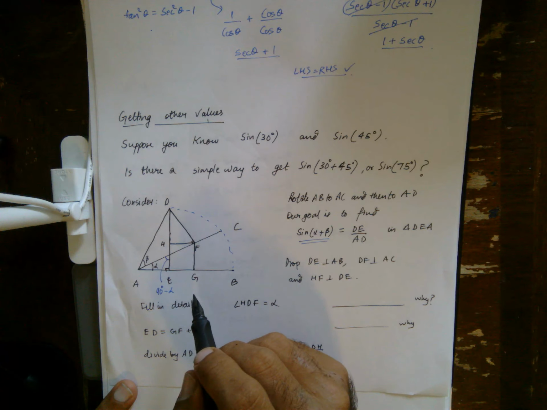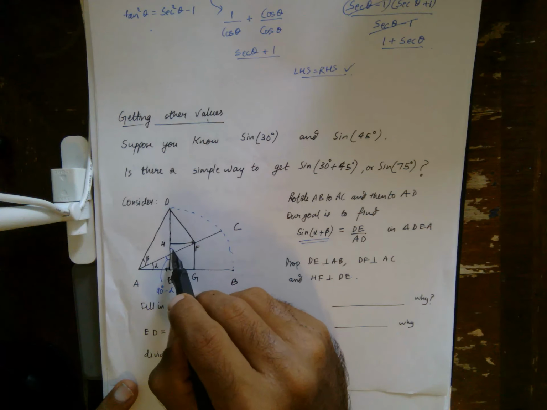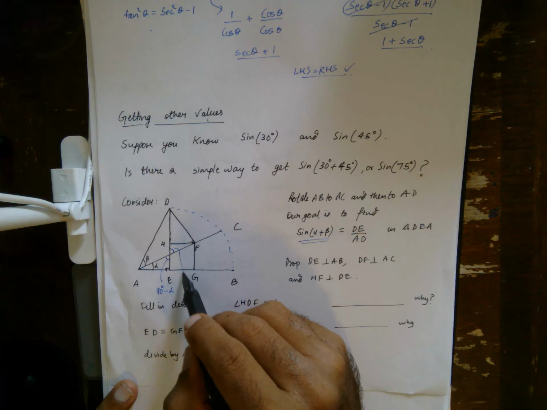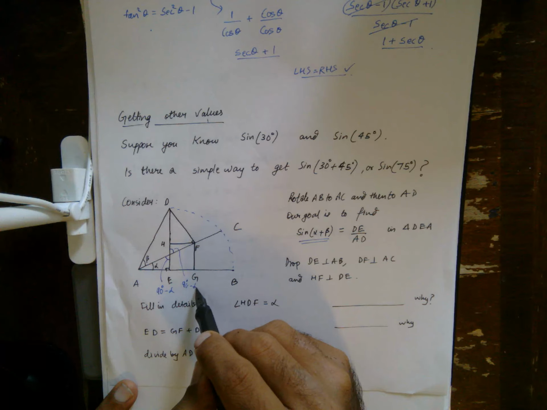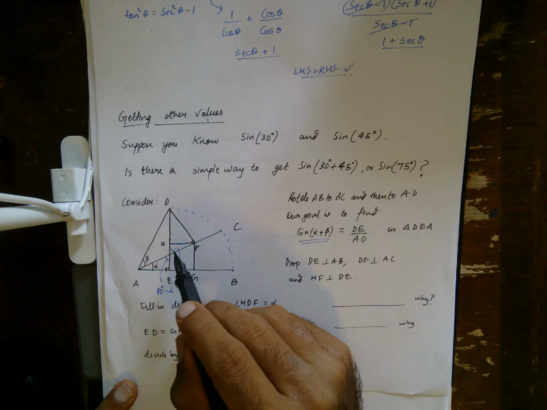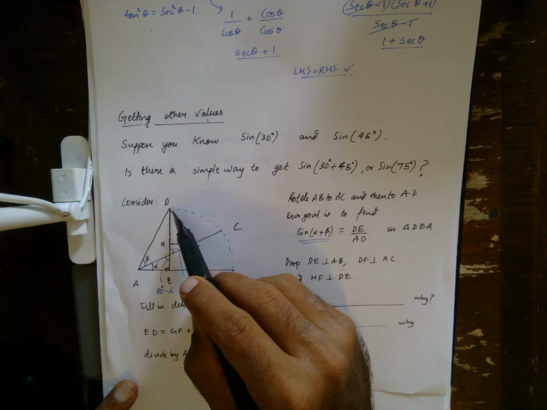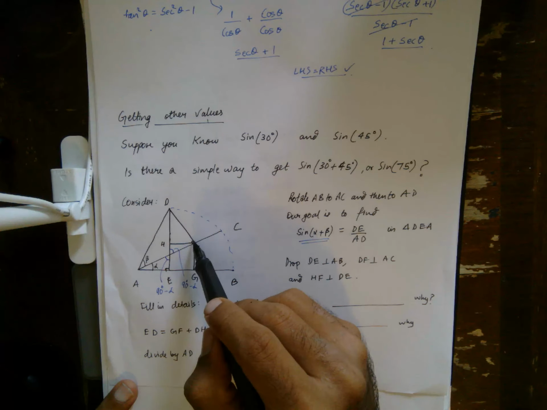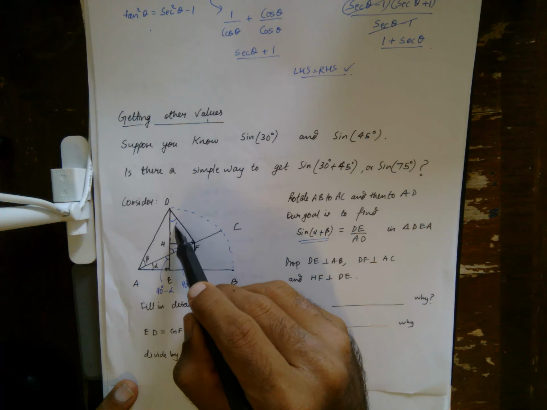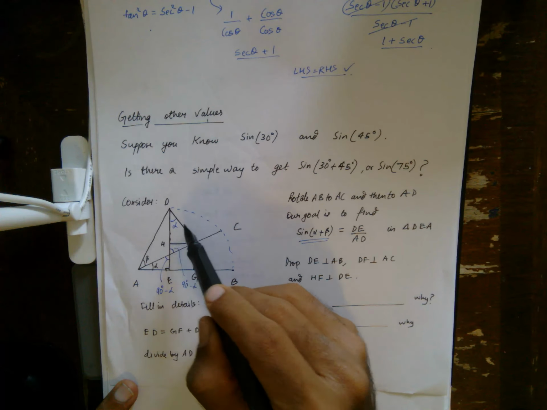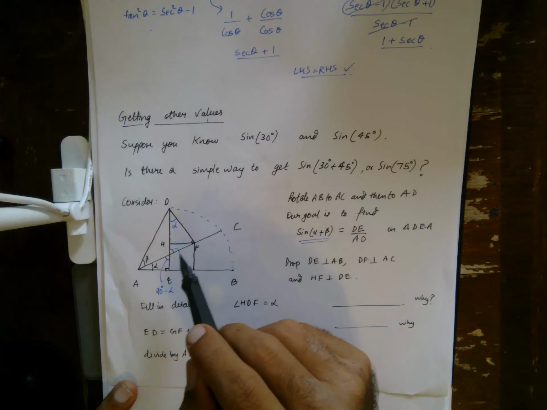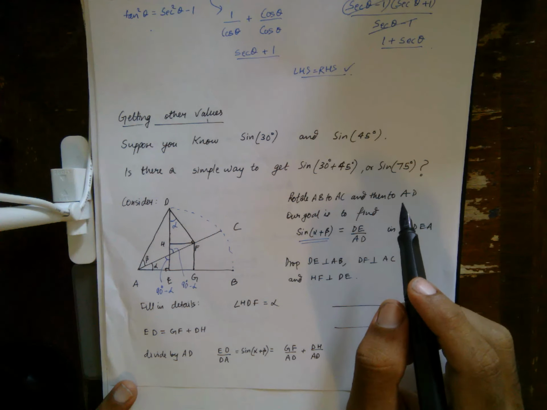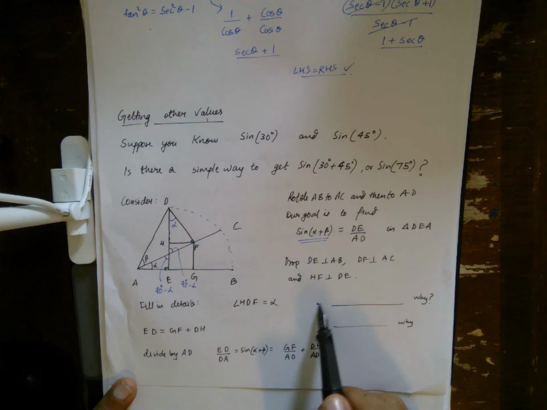If this is 90 minus alpha, this angle is also going to be 90 minus alpha, because these are opposite angles. Now in this triangle DFH, if this is 90 minus alpha and this is 90, then this is going to be alpha, for the same reason, that the angles in a triangle add up to 180. Okay, so that explains that part.